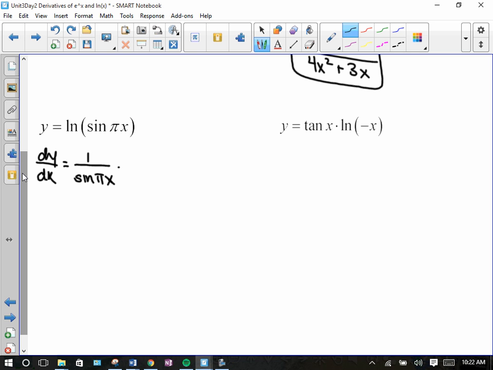So it's going to be times the cosine pi x times pi. So now we got that. Simplified, that'd be pi times cosine pi x divided by sine pi x.